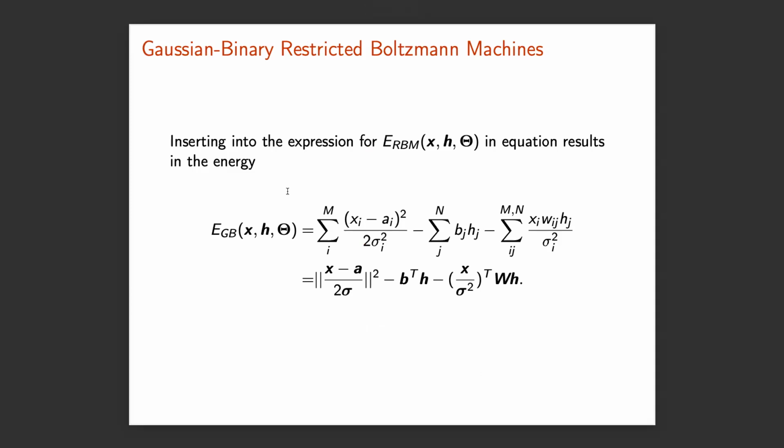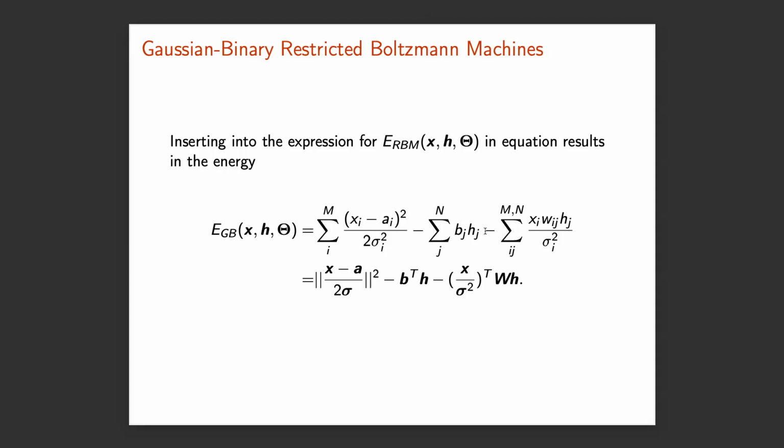And it's pretty common to put these sigmas in case you don't want to evaluate the variance, just to put them to 1. That's a pretty common procedure. Then you have continuous variables for the x's, and you have discrete values for the h's. So h doesn't need to be a binary, but it's pretty common to have a binary.